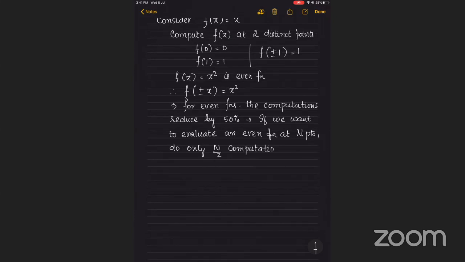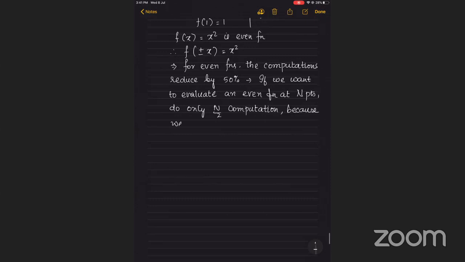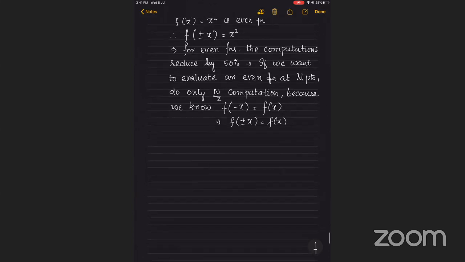Because we know f of minus x is equal to f of x, which implies f of plus or minus x is equal to f of x. Is this clear? Therefore, I straight away get a 50% savings in computation.